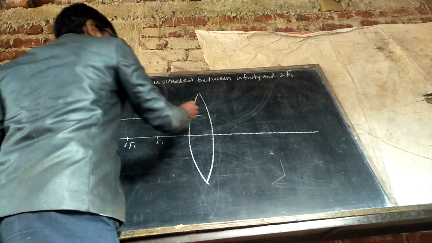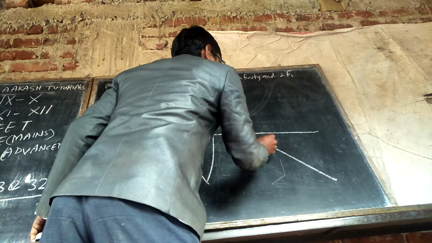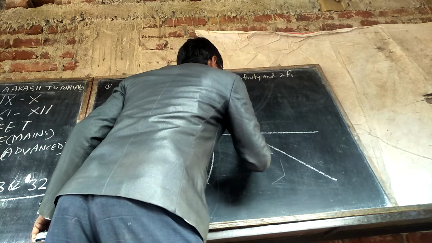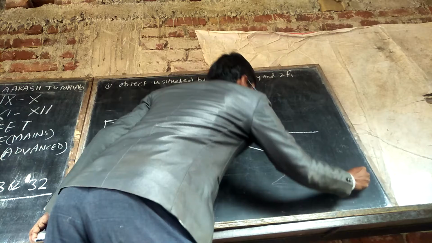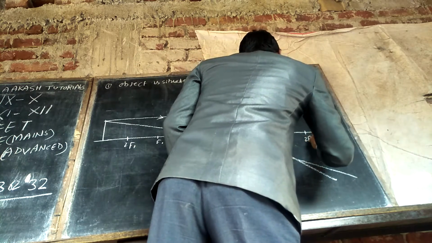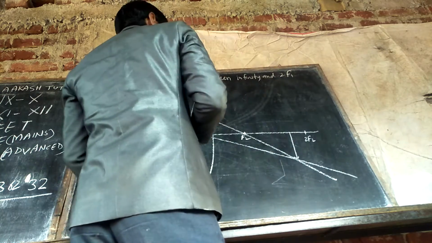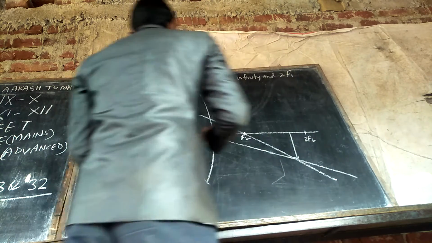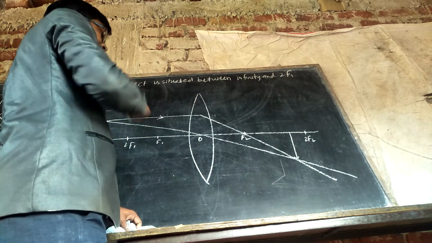One ray will be parallel to the principal axis, which will pass through the optic center and through f2. Another ray will pass through the optic center, and the image will form between f2 and 2f2. Okay.